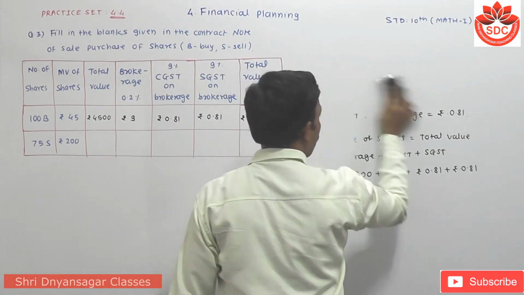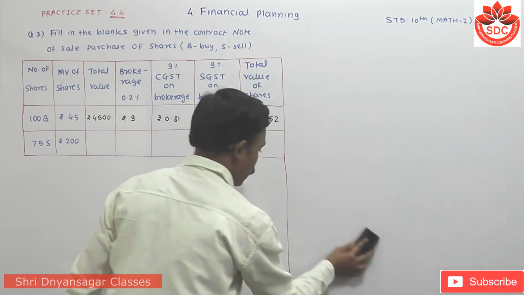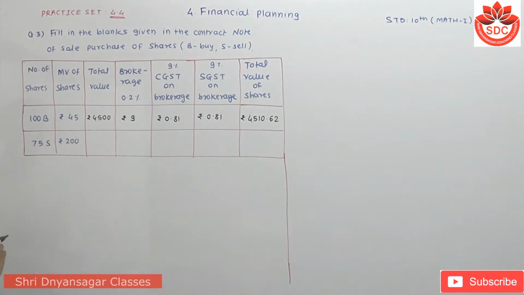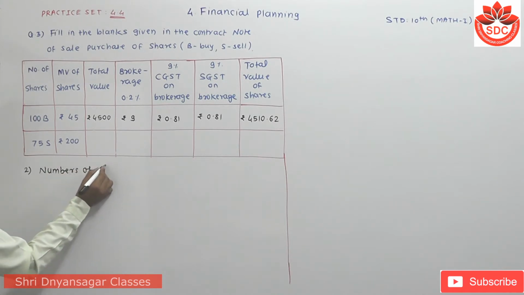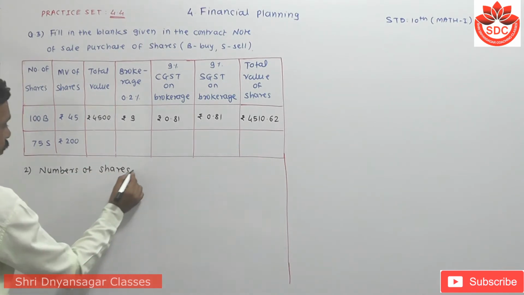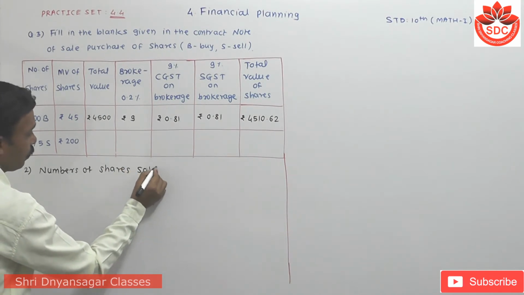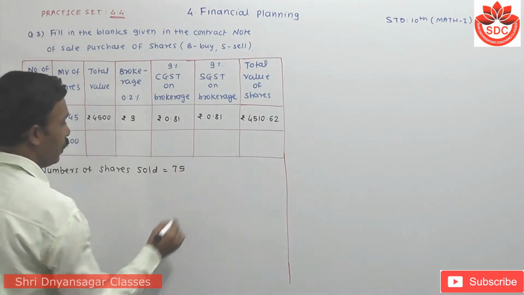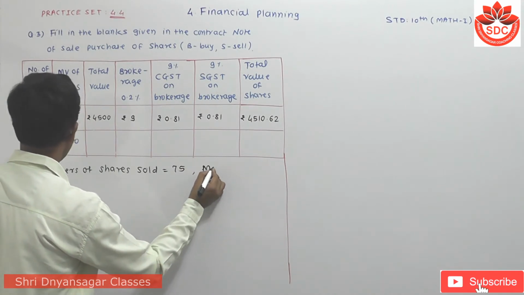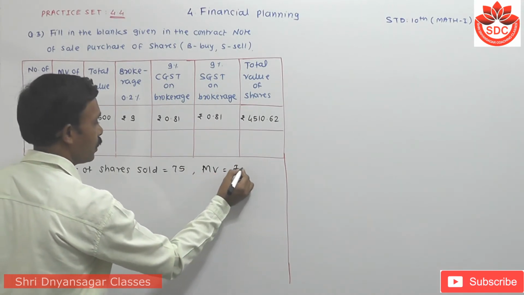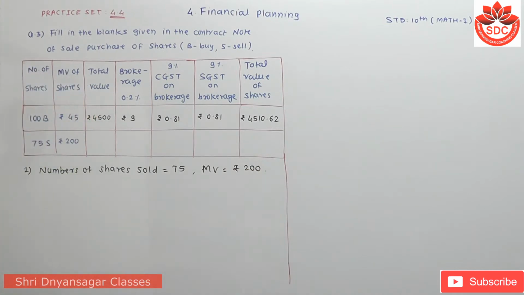Then again we write all these answers. Now for this second one, the number of shares sold is 75. At that time the market value is rupees 200. So first we have to find out the total value.